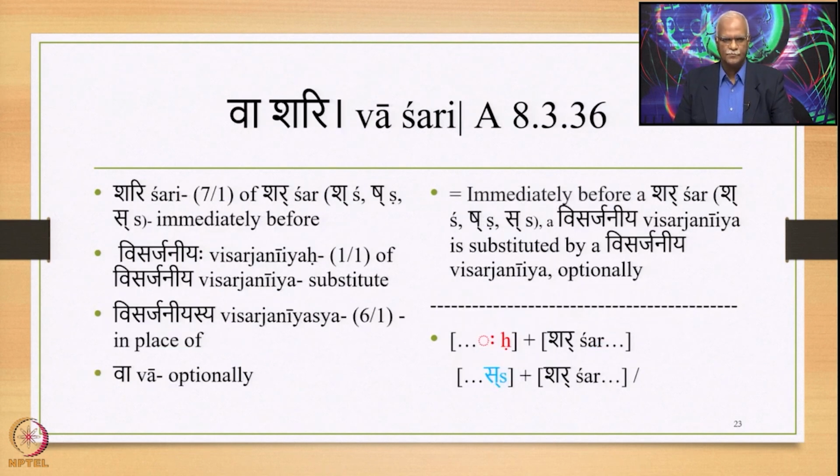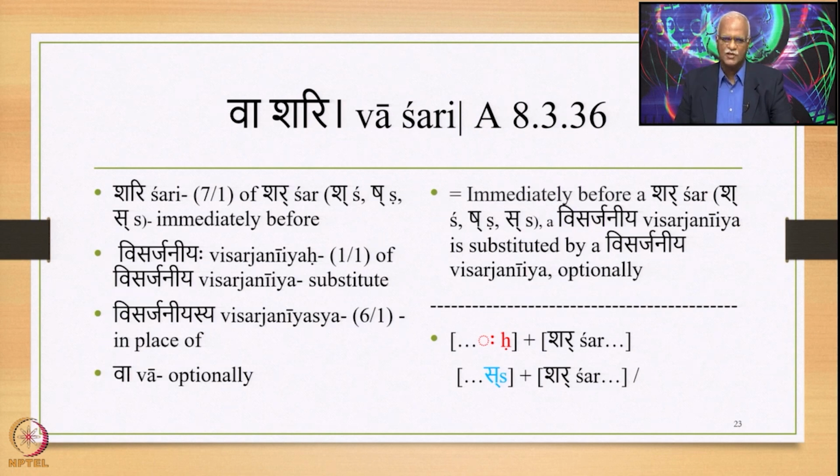Now let us study the next sutra which suggests an option. So the sutra is Va Shari 8336. This sutra has got two words, Va and Shari. Shari is 7/1 of Shar, immediately before Shar. Visarjaniyaha is the word that is continued. Visarjaniyasya is also continued.